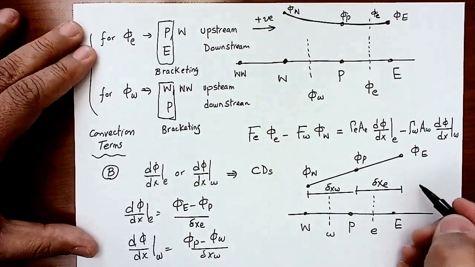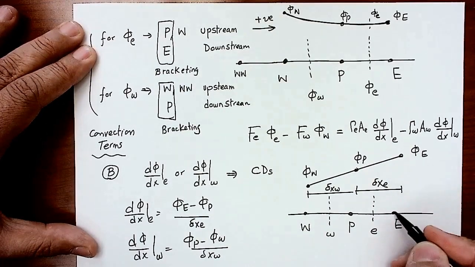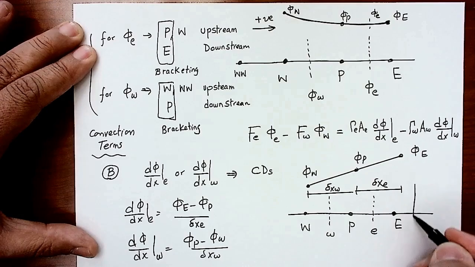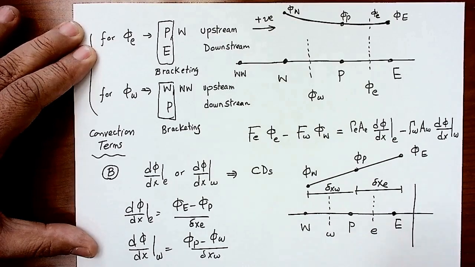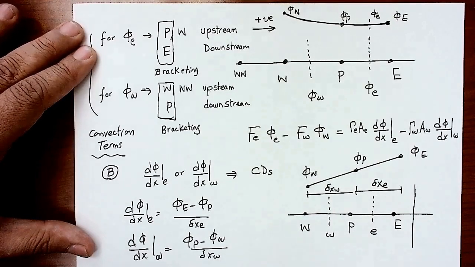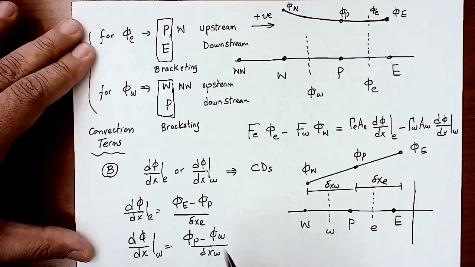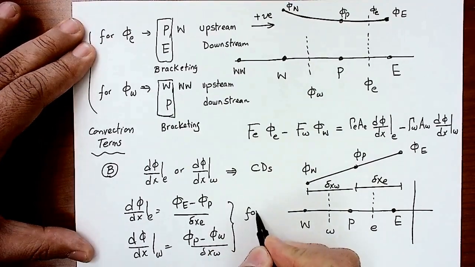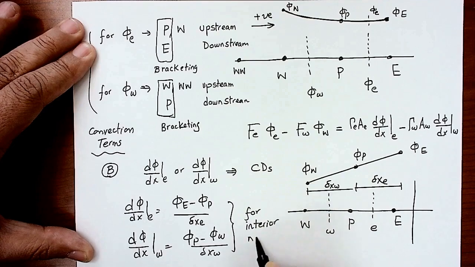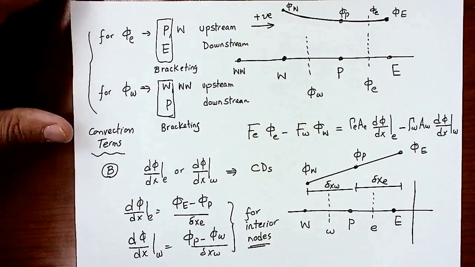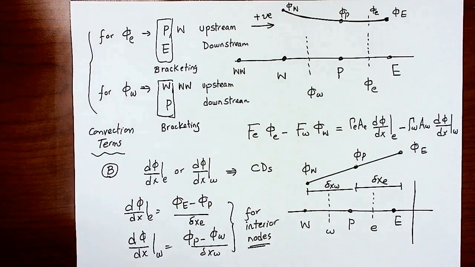This is great for interior nodes, correct? And this has happened all the time, regardless of what scheme we are using. That's always the same for the diffusion approximation.